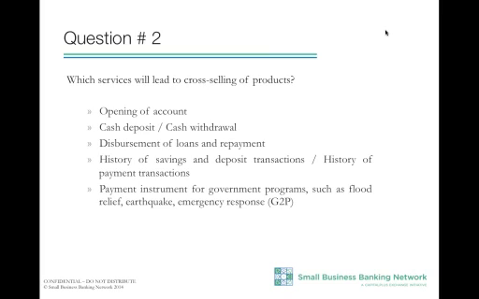Let me give you an example. Most of you think that payment instruments for government programs cannot be used to cross-sell. With G2P payments, a lot of people are given maybe $30 to $40 every quarter as a social payment, or it may be for mothers to feed the kids, things like that.